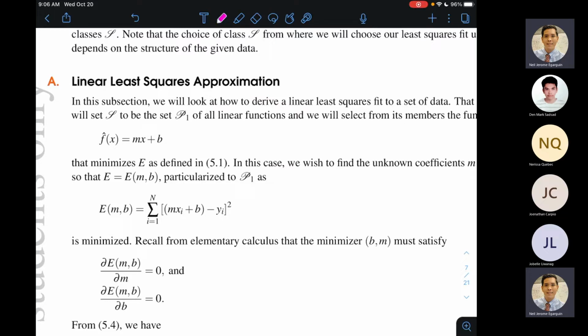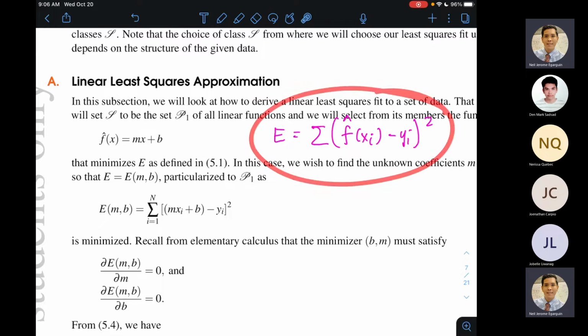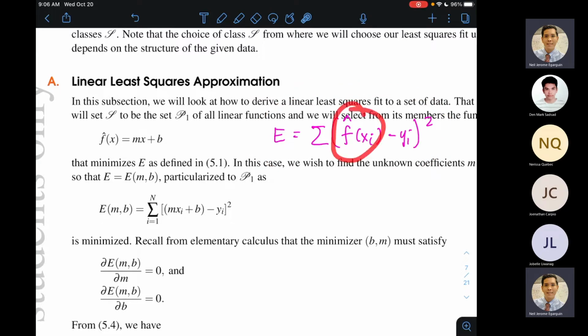So remember, the least squares error is actually the sum ng f hat of x sub i minus y sub i, quantity squared. So ito yung i-minimize natin. So kung yung candidates natin ay mga linear functions, so si f hat, ang itsura niya ay mx plus b for some unknown m and unknown b, right?